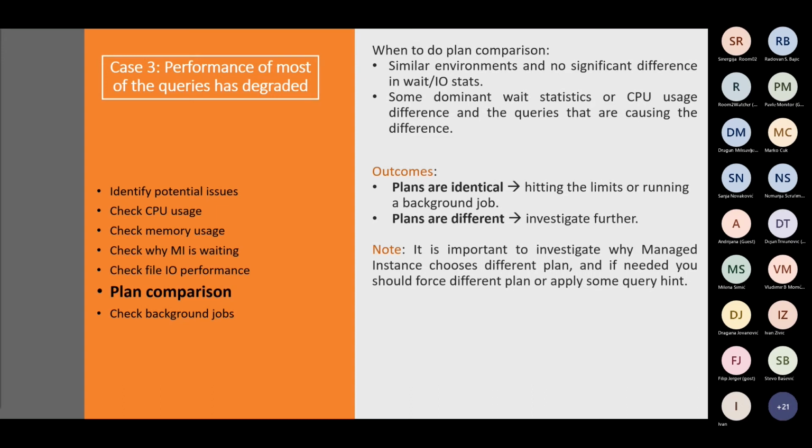If the plans are different, that might be the cause of the change in performance, and you should investigate why they are different. It's very important to investigate this difference in plans, and if needed, you should force a different plan or apply some query hint on your target instance.